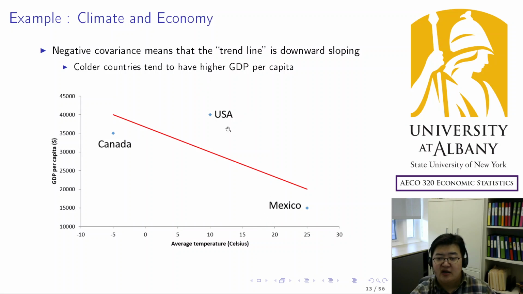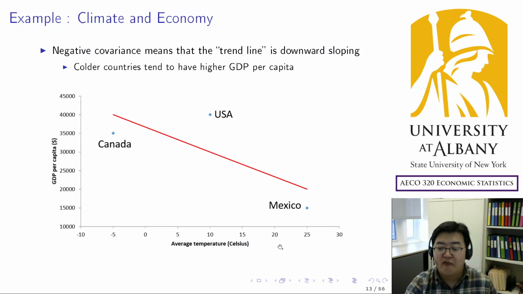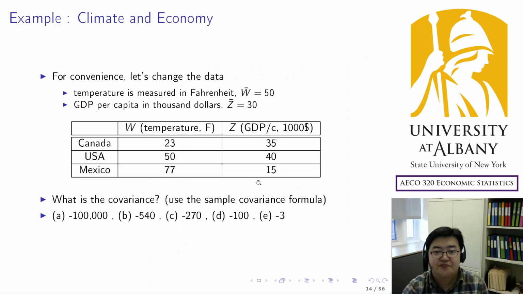Or, I did not have the graph, but if you make 4 quadrants on this graph, then US is exactly at the average of temperature, the average of X, so it's not included in any quadrant at all. But Canada is in the 4th quadrant and Mexico is in the 2nd quadrant. So both quadrants imply a negative relationship. So in that sense, the overall relationship within these 3 countries is negative, right?